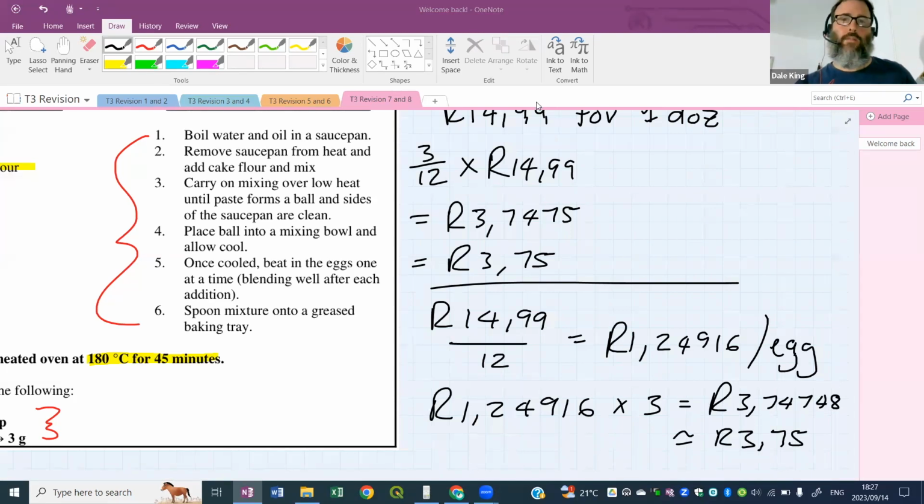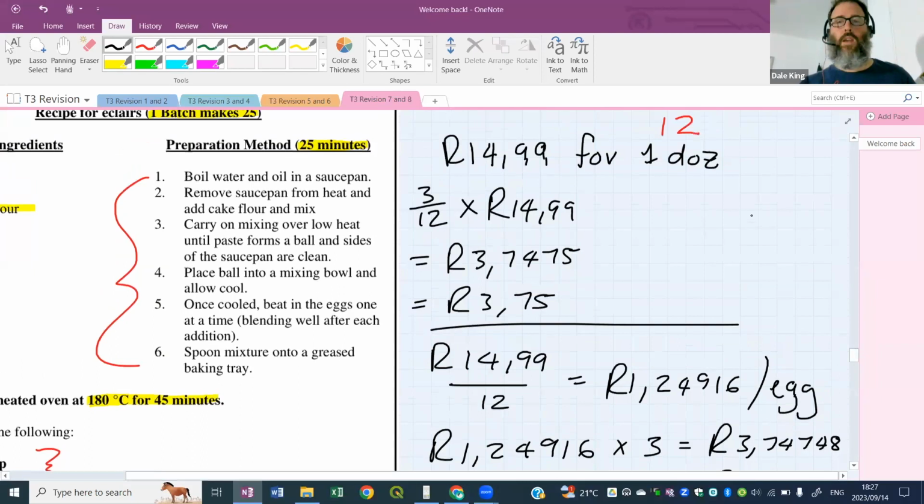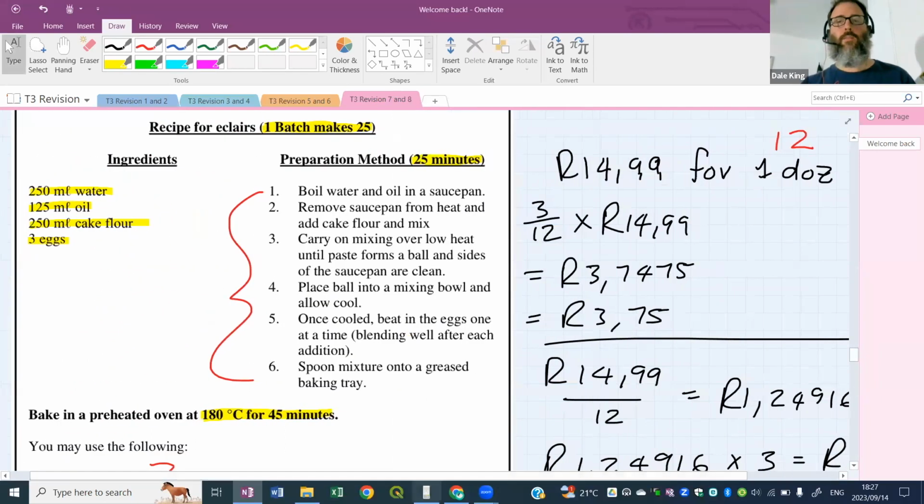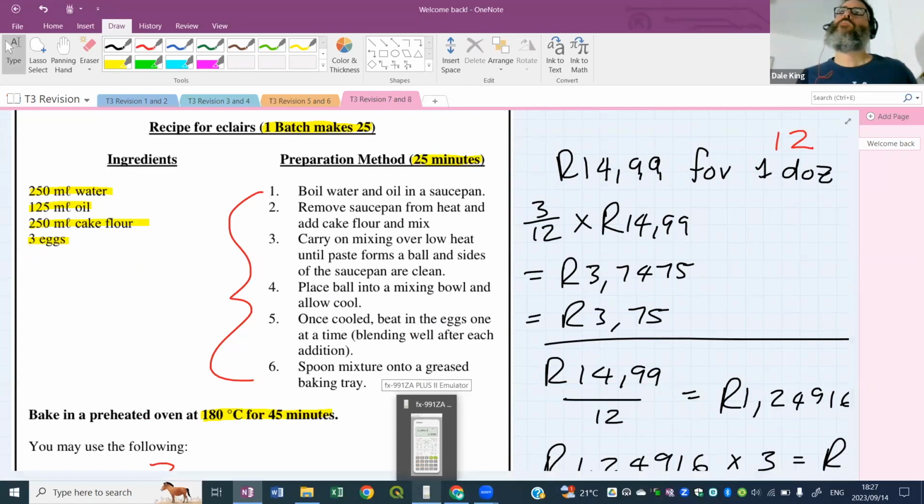Good question. The question is, why can we not just divide the price for 1 dozen by 3? Because when you're doing that, you're cutting the price up into thirds, 3 pieces, and you don't have thirds here. You've got quarters.